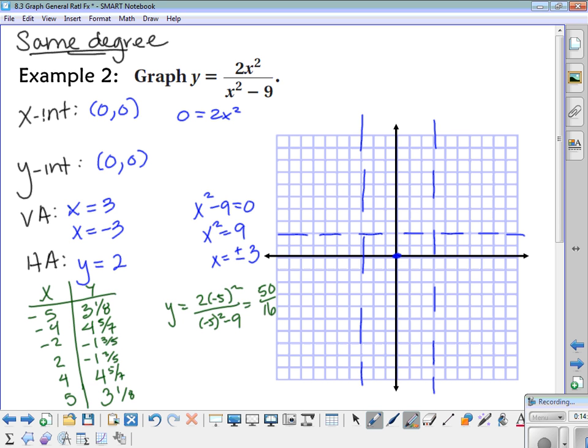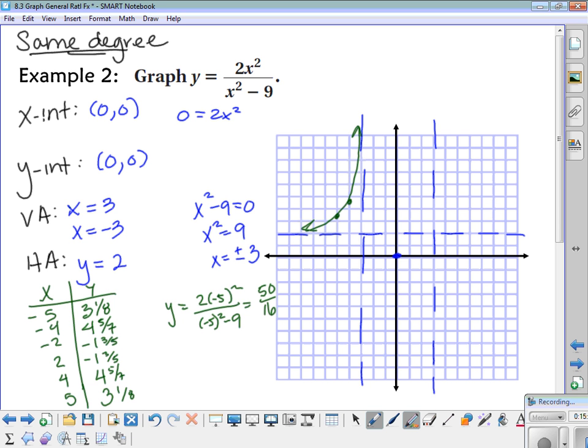So negative 5, 3 1/8 would be about there. Negative 4, 4 5/7. So this side of the curve is doing something like that. And so we're using our asymptotes to figure out, again, the lines that the curves are approaching.